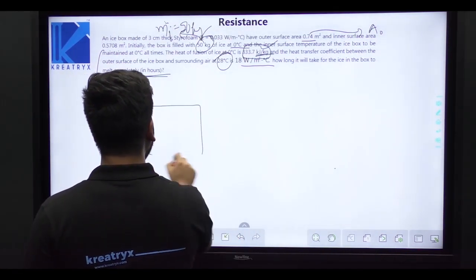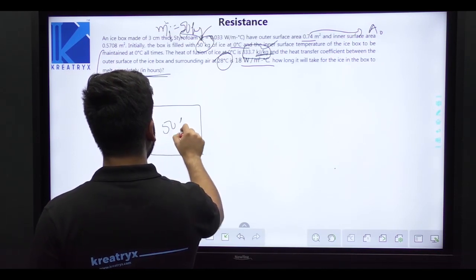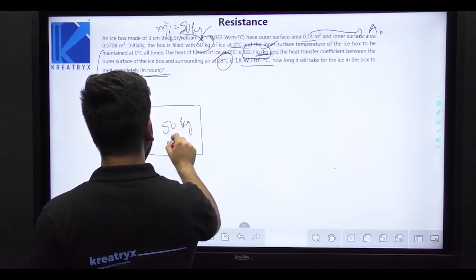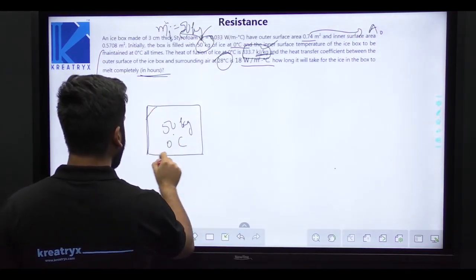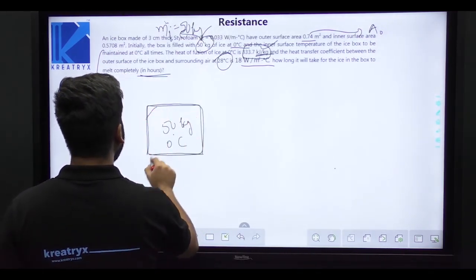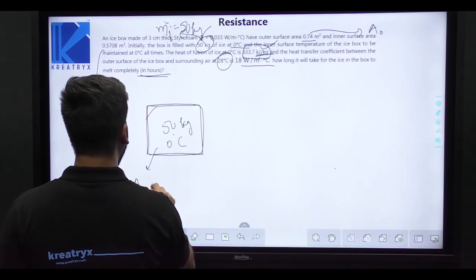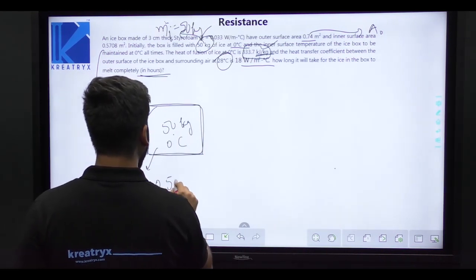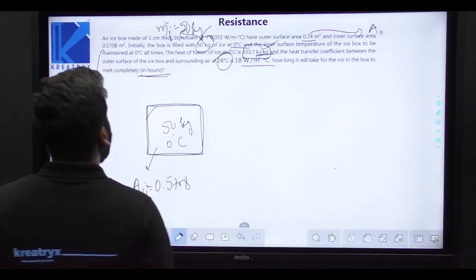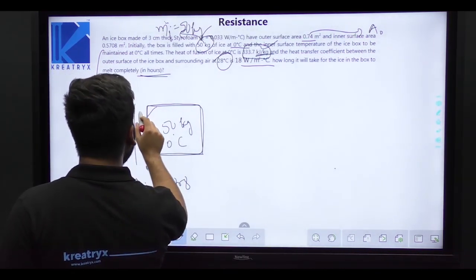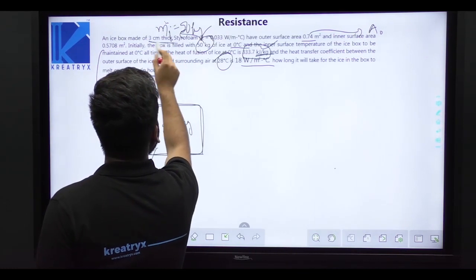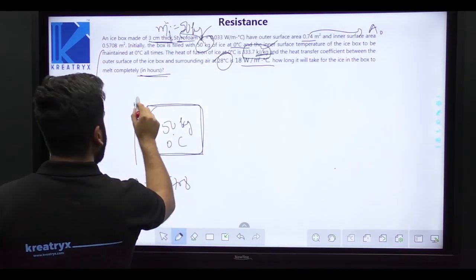So let's draw a schematic diagram. This is the ice box, 50 kg ice at 0 degree Celsius. The inner surface is 0.5708 meter square, and it is insulated by 3 centimeter thick styrofoam.